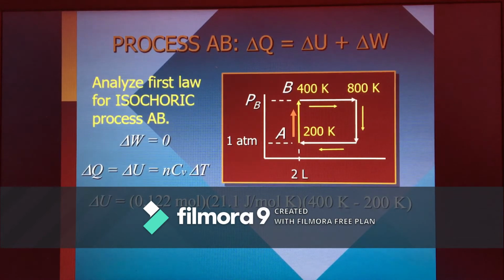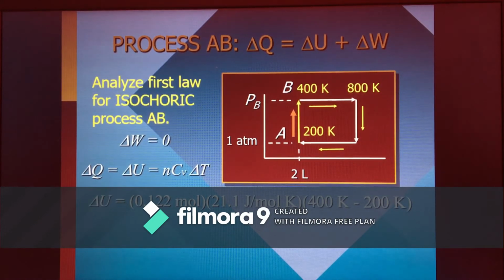So substituting the calculated result and also the givens, we have for CV, the specific heat capacity of oxygen, 21.1 joules per mole Kelvin, multiplied by the calculated number of moles, 0.122 mole.